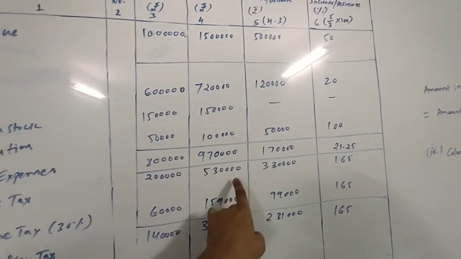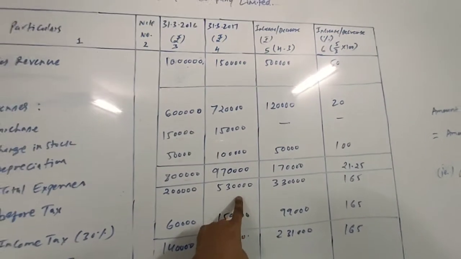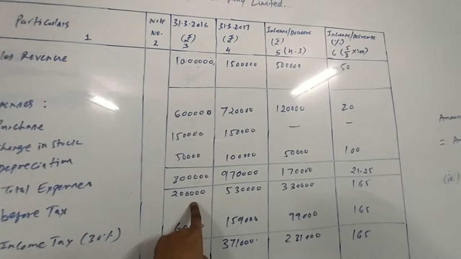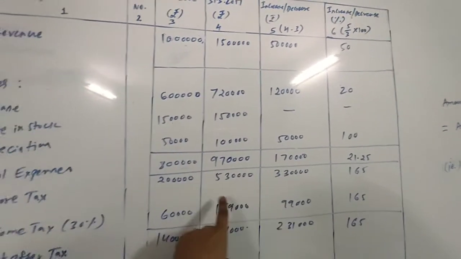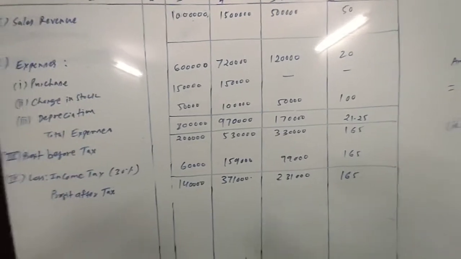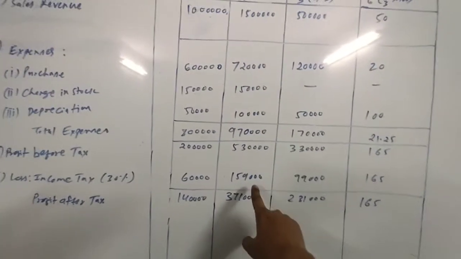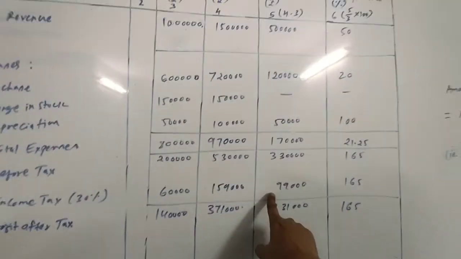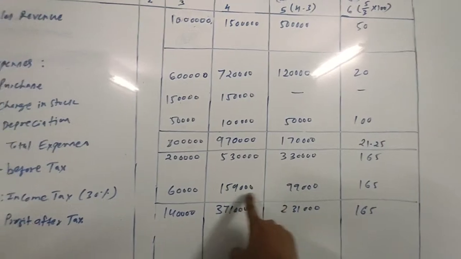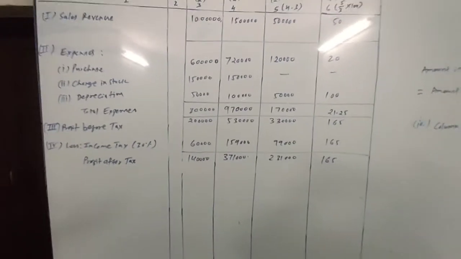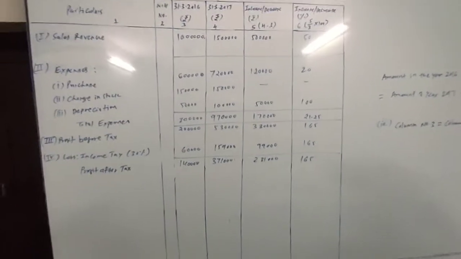So the amount of 2016 will be 2 lakh. How come 2 lakh? 5,30,000 minus 3,30,000, 2 lakh. And the same way, income tax, it is given 1,59,000, and the increase is given as 99,000. So 1,59,000 minus 99,000, 60,000 will be the amount of income tax in the year 2016.